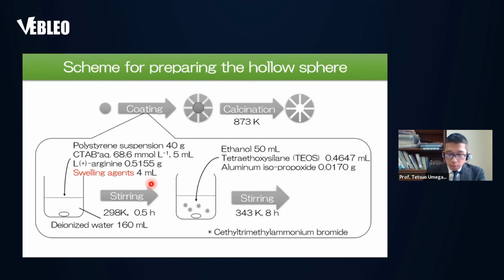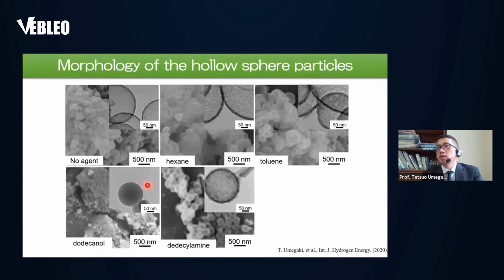We investigated the influence of the four different swelling agents shown in the previous slide on interparticle space structures and acidic properties. These figures show the SEM and TEM images of the samples prepared without and with various swelling agents.